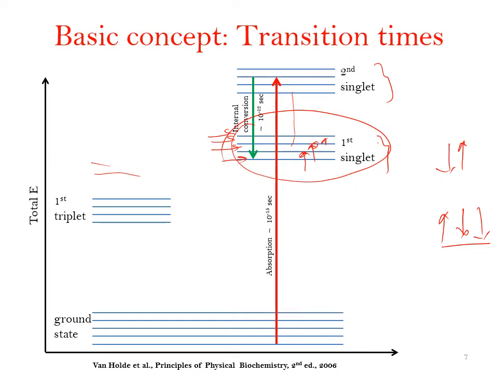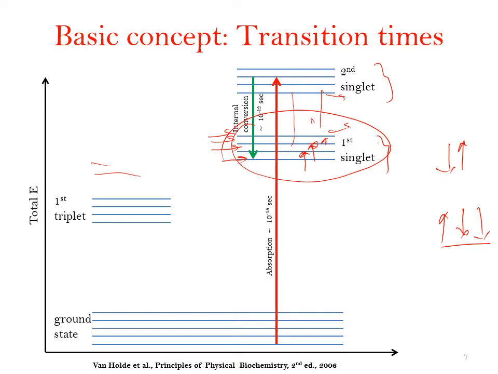So internal conversion is a process in which an electron crosses over to another electronic state. It is a transition from one excited state to another excited state of the same spin multiplicity, either singlet to singlet or triplet to triplet. This is called internal conversion.